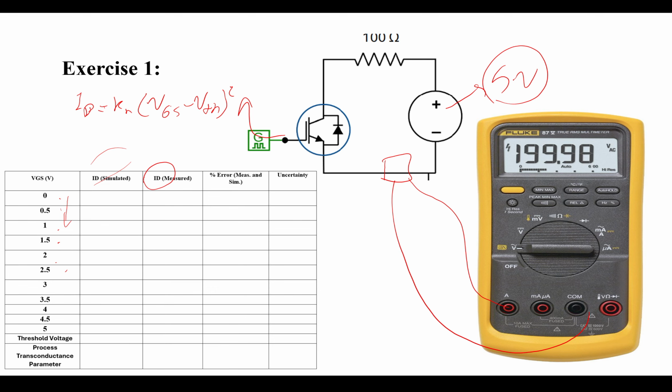By having the measurement, you already have the V threshold. You find it already. That's the point where you have a jump in the current. You're going to choose one of the points that has a notably measurable ID, meaning after the threshold, and use the current and the VGS for that point to calculate the Kn.